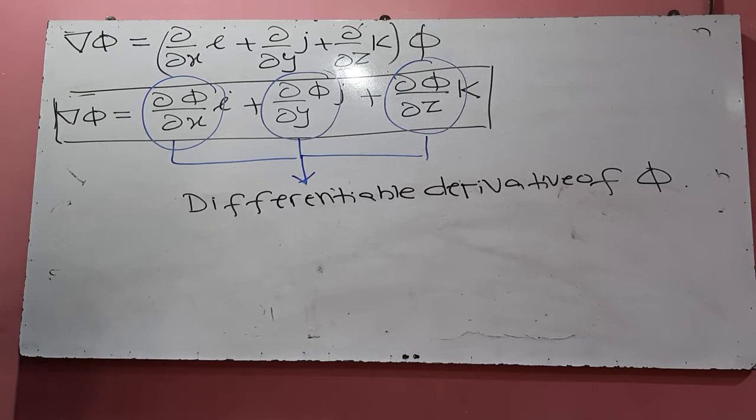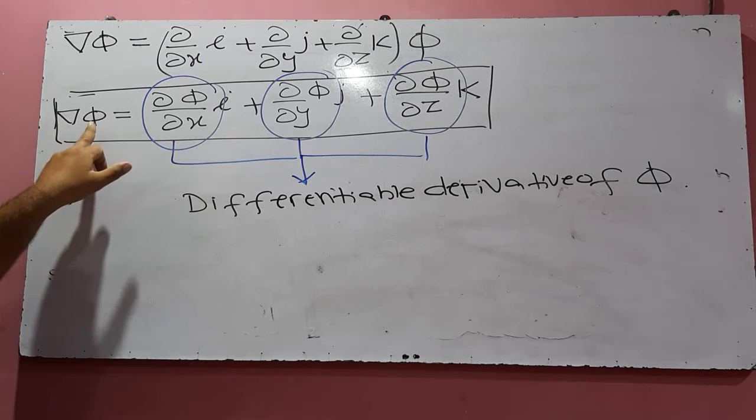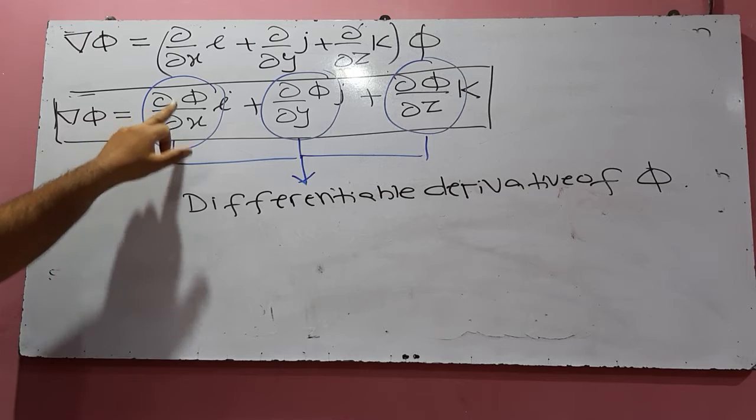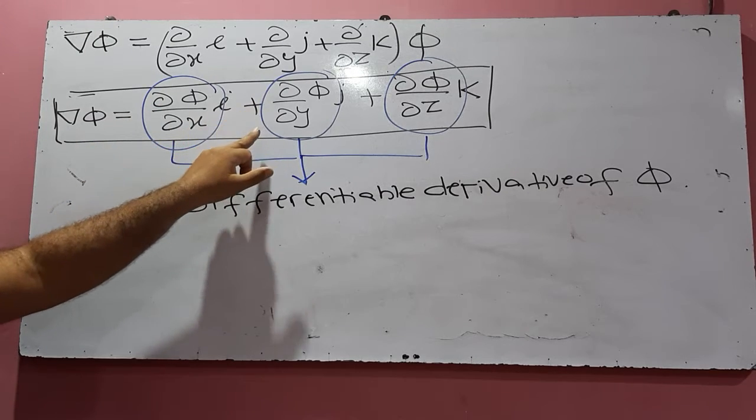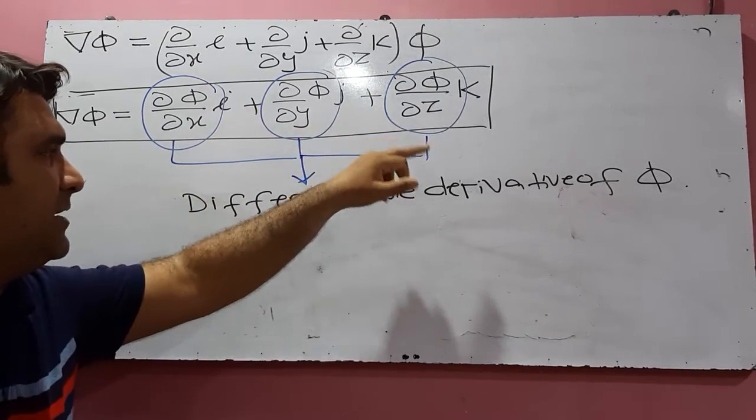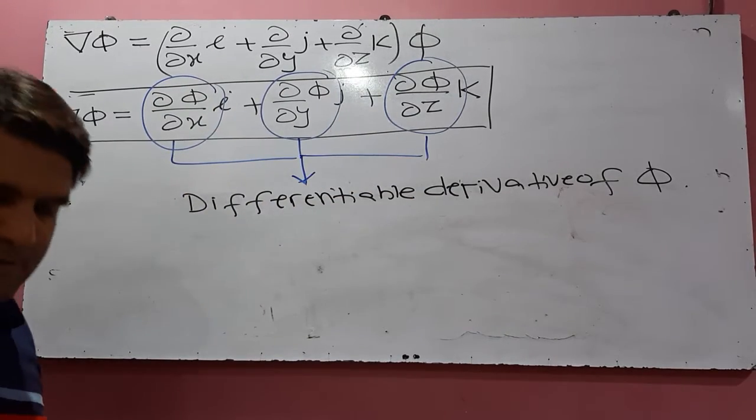Okay. So del phi is equal to d phi over dx i plus d phi over dy j and d phi over dz k. This is called a gradient.